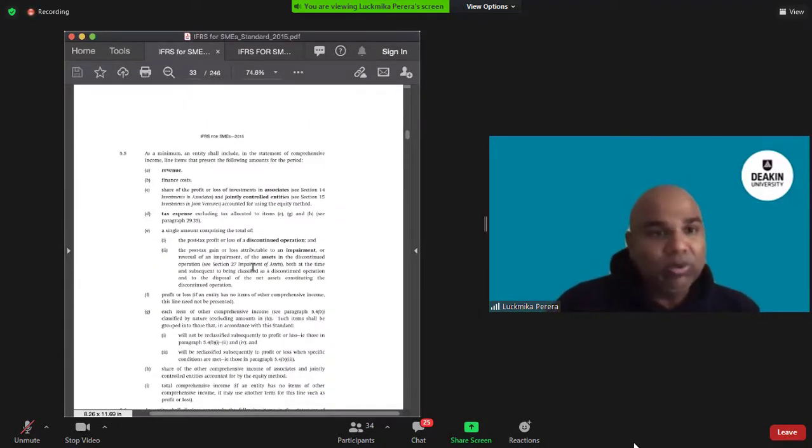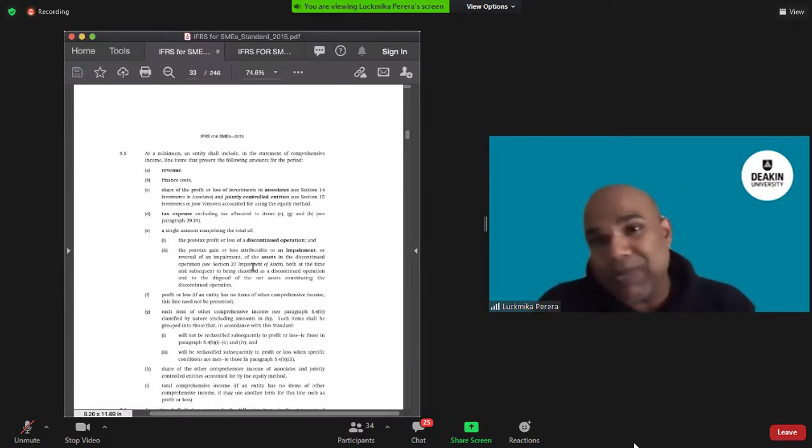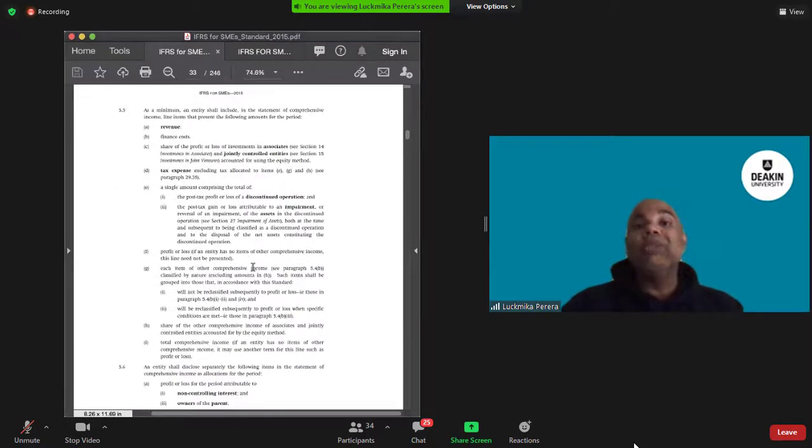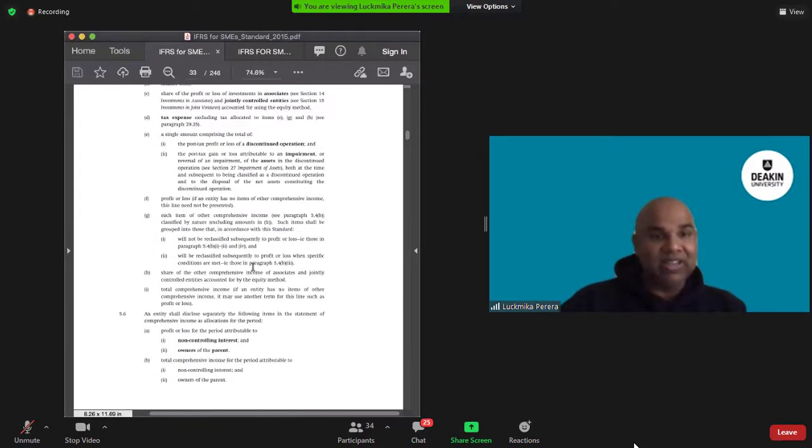So we have revenue, finance costs, jointly controlled entity assets, any profit or losses that arise from assets. Okay. Tax expenses, any other costs or losses from discontinued operations, post-tax gains, and there's a whole list of items here which are relevant to be listed under the comprehensive income statement.